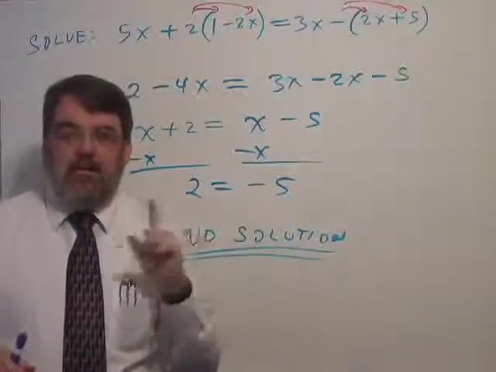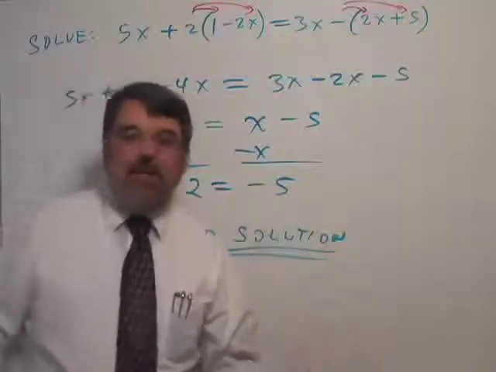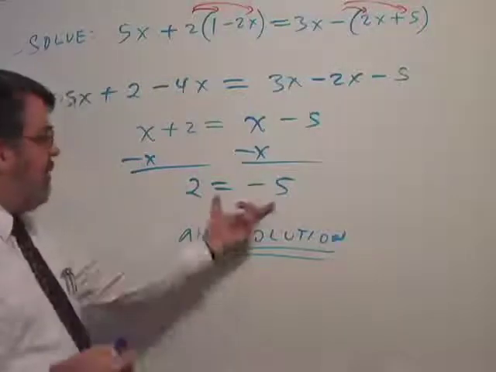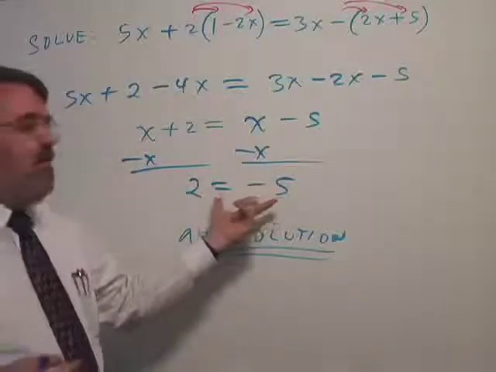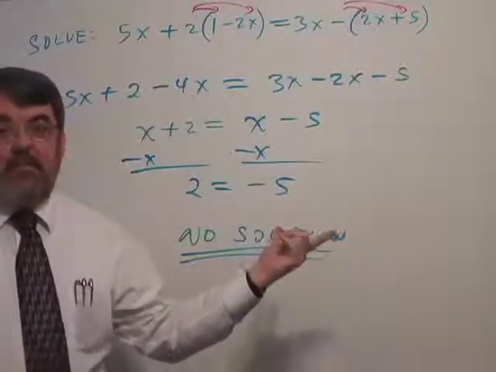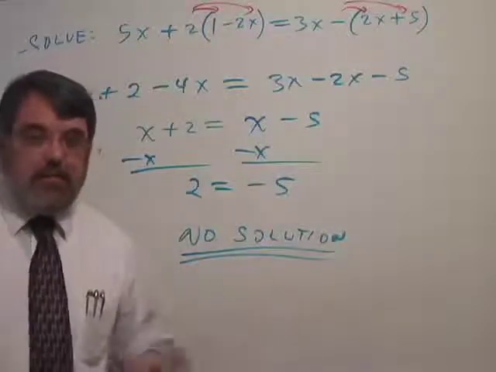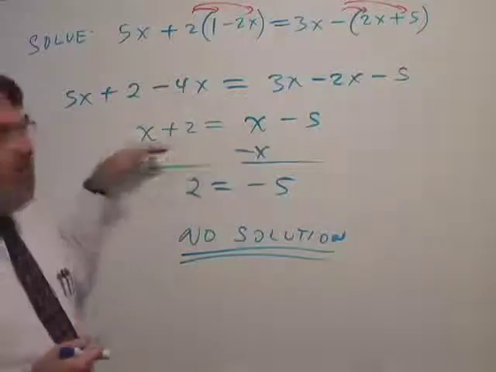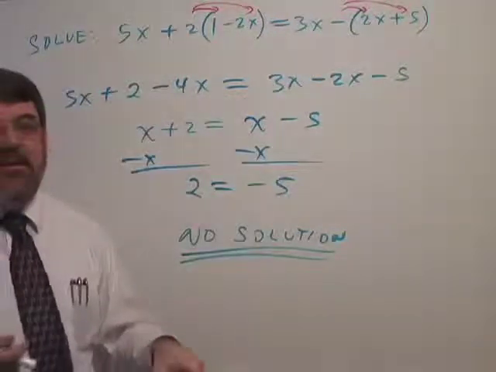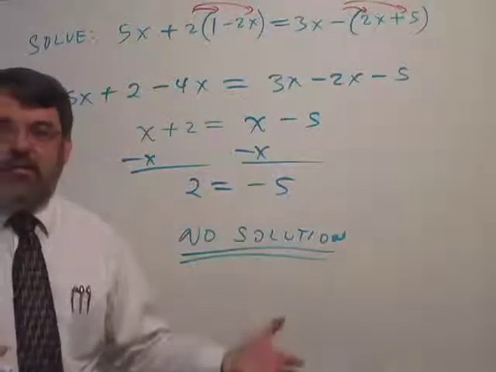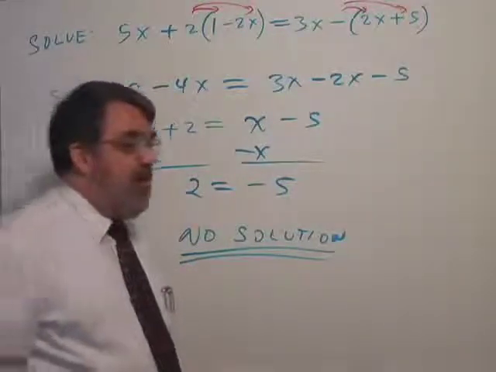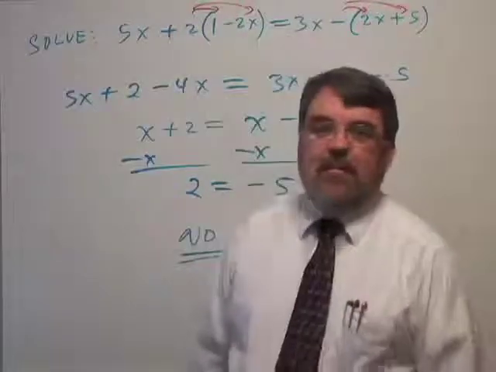So please keep that straight, because that's another one of those common errors people make. They misunderstand when you check a problem and you get something like this. That means your answer is wrong or your checking was wrong. When you're solving and all the x's disappear and you get something like this, then that means there's no solution. So big difference there. And I've seen a lot of students through the years who have confused that issue.